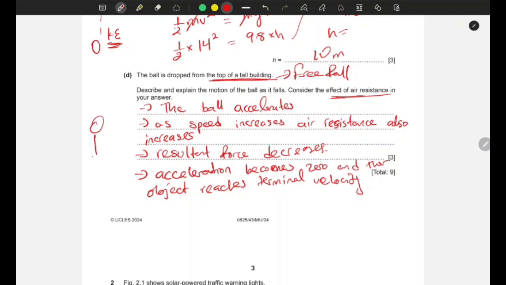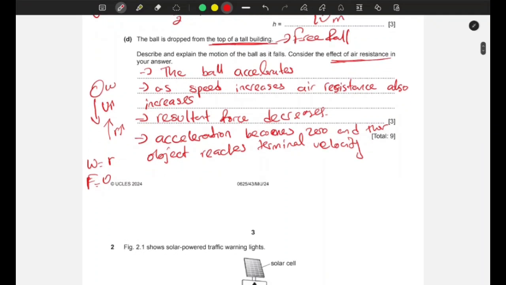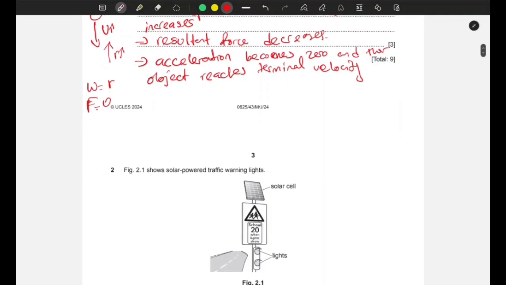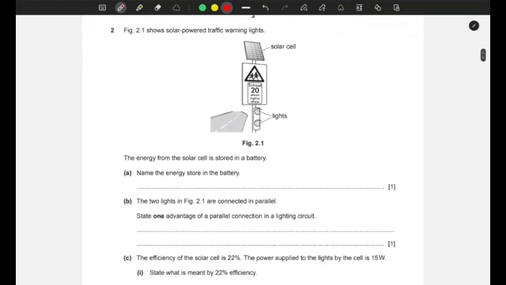As the ball goes down, the speed increases, and air resistance, which acts opposite, also increases. At some point the downward force, which is the weight because it's free falling, becomes equal to the air resistance. Then resultant force becomes zero, so acceleration also becomes zero and the object reaches terminal velocity, or a constant velocity. Hope that's clear.